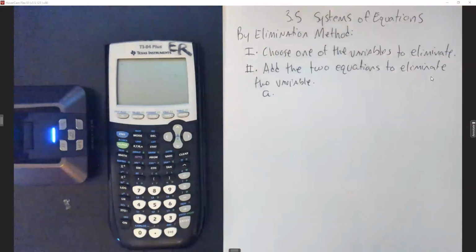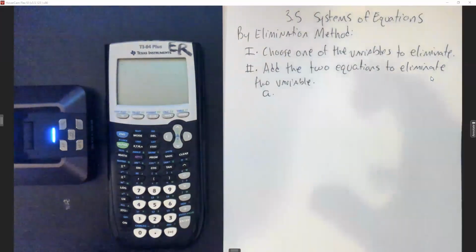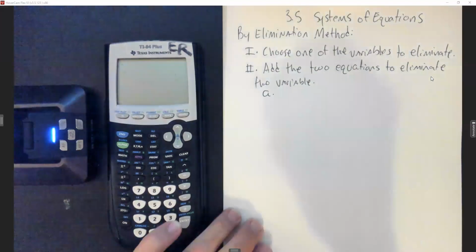So I'm going to put a few things under this, because sometimes when you look at these 2 equations and you add them, you cannot eliminate a variable. So what we might have to do is change one of the variables.